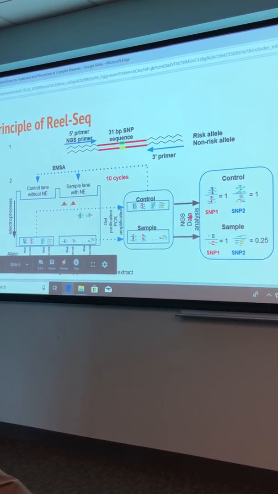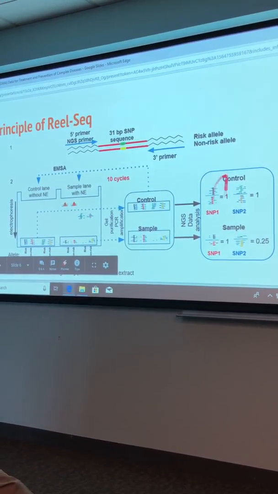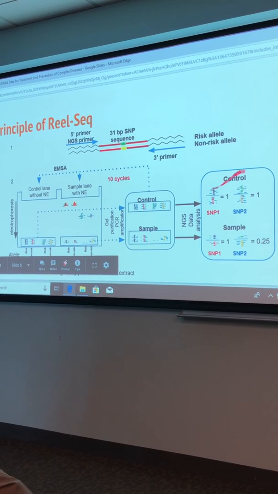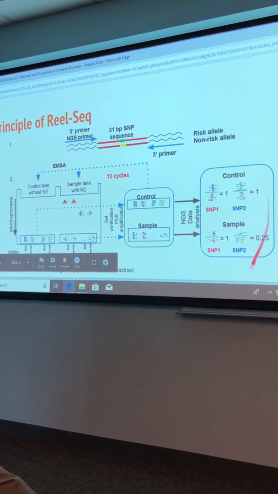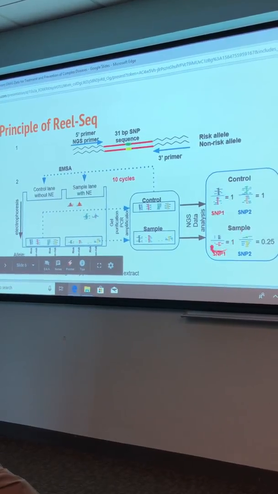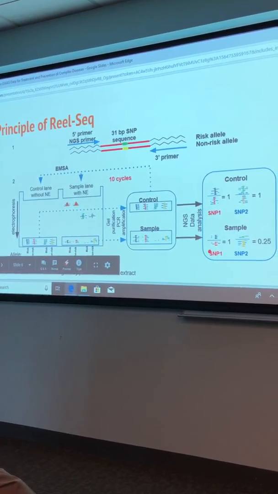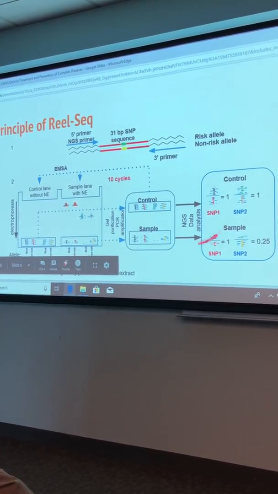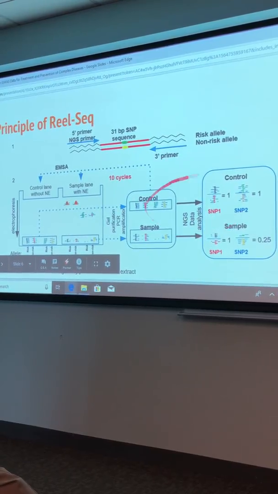And so we have to analyze the ratios of the control SNP1 to the sample SNP1, and then the control SNP2 to the sample SNP2. If the ratios were the same, then we can say that SNP is not functional, and so it would not necessarily contribute to the disease.